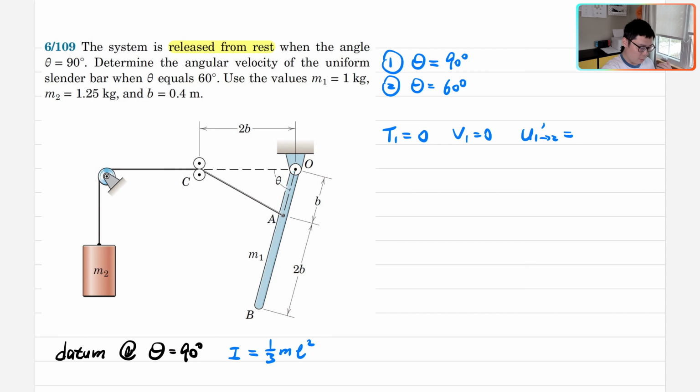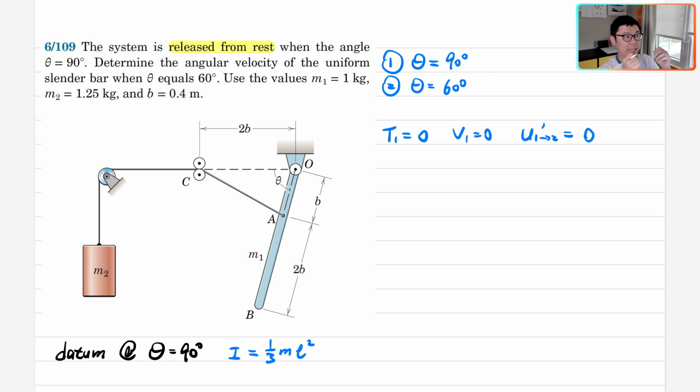So this rope is connecting these two components within the system. The force along the rope is considered an internal force. So this is not an external force. So by now, hopefully you can realize the work done to the system is 0 from 1 to 2.